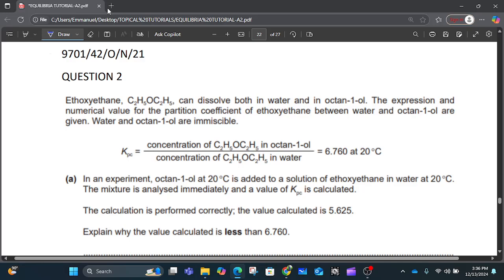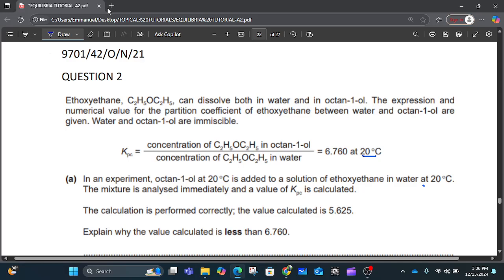KPC is equal to concentration of C2H5OC2H5 in octan-1-ol divided by the concentration of ethoxyethane in water. And the KPC value at 20 degrees Celsius is 6.760.